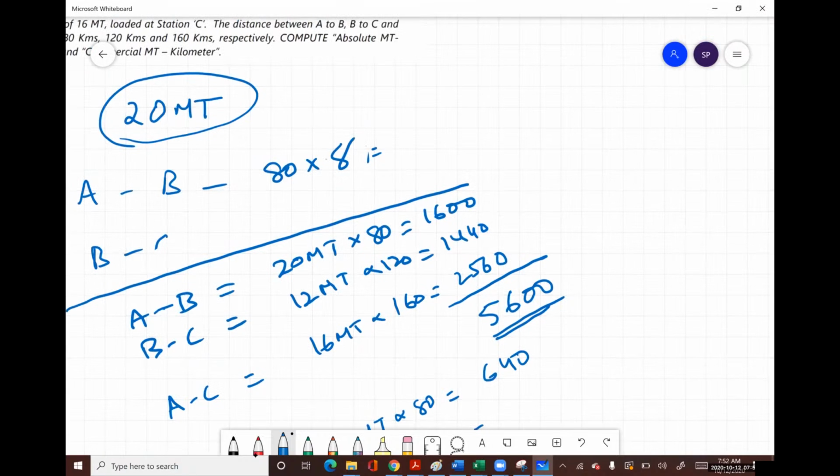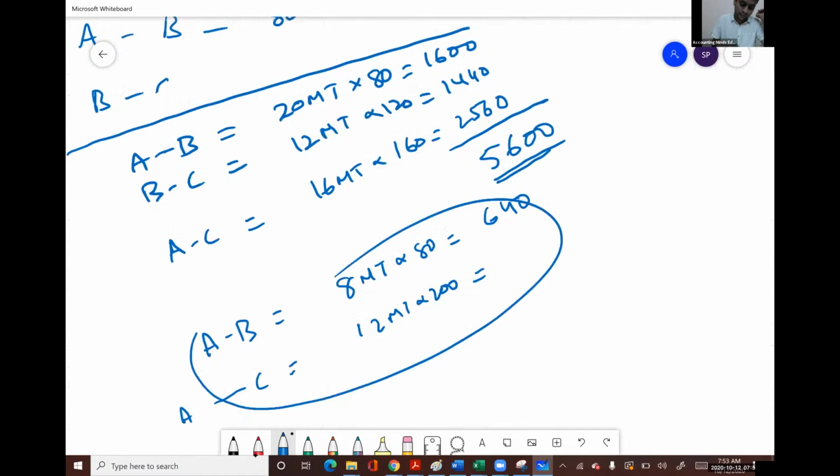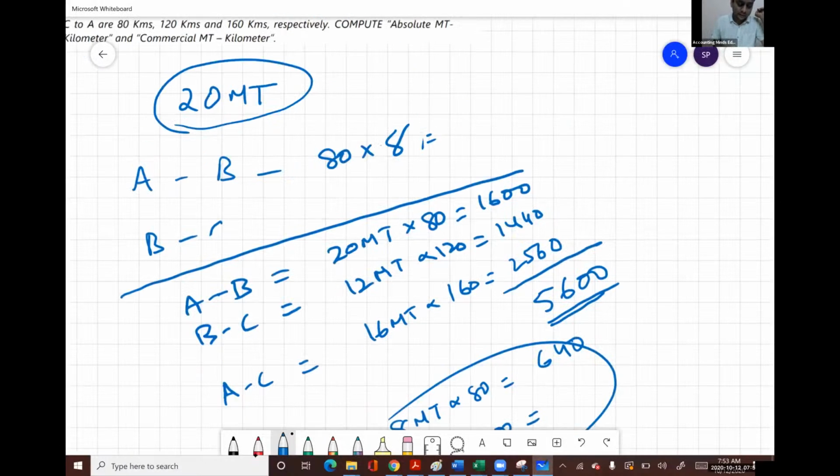They're just starting from A and then going to B and then C. It's more of a triangle. So my calculation won't work. You guys are right.